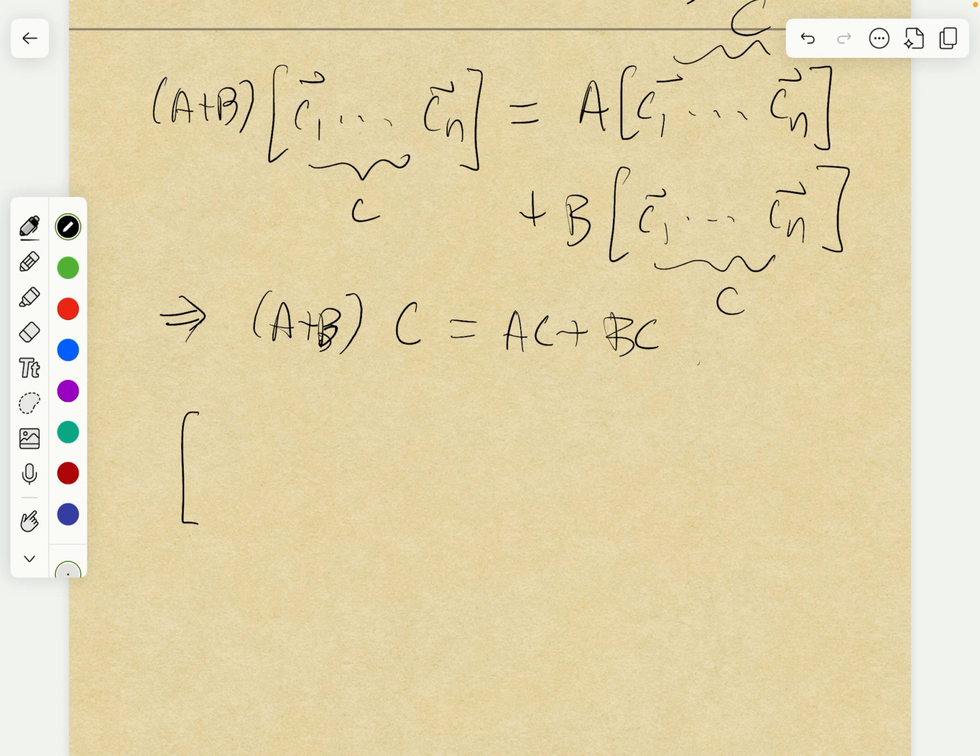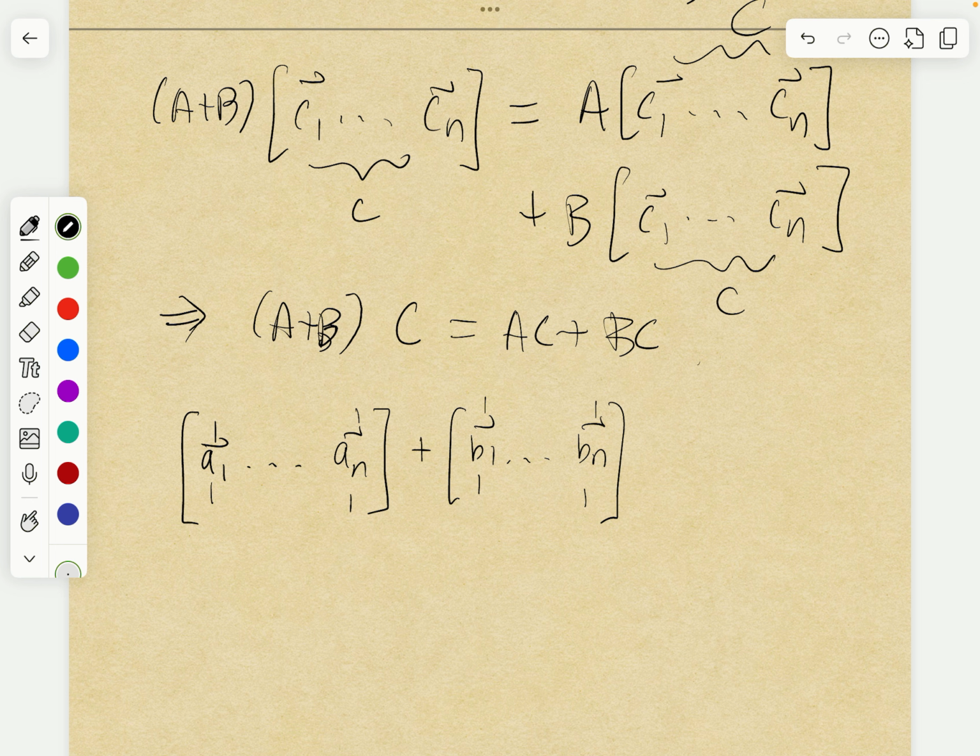okay, let's say that the columns of A are a1 through an, and the columns of B are b1 through bn.